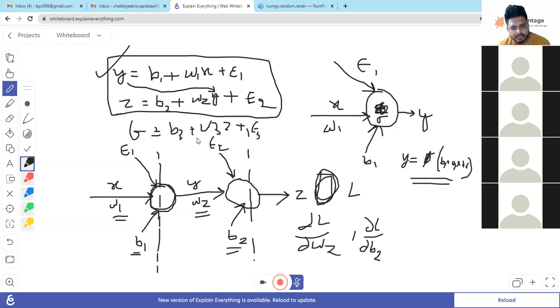No, it goes by chain rule. So you have to study the chain rule: how the loss is propagated across multiple layers. Do some R&D on chain rule on YouTube, and then you will be able to solve this.